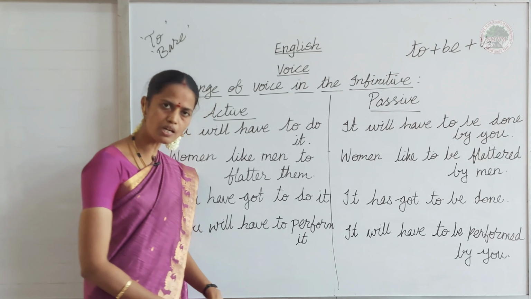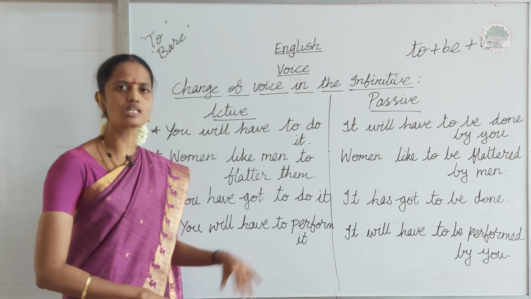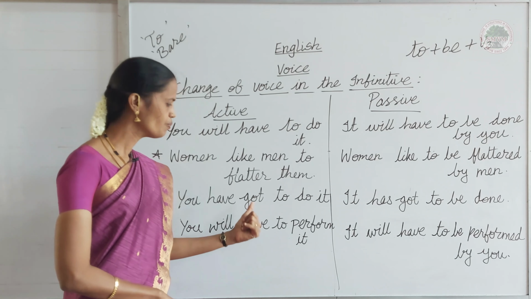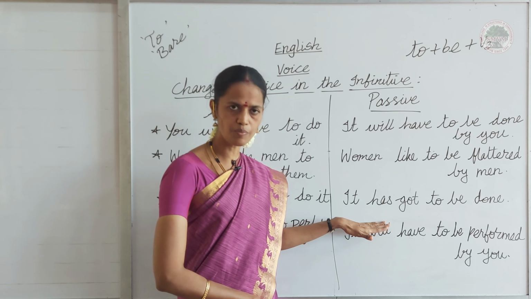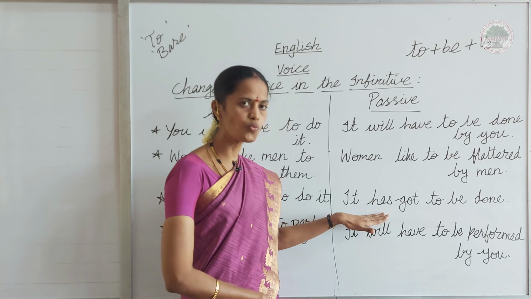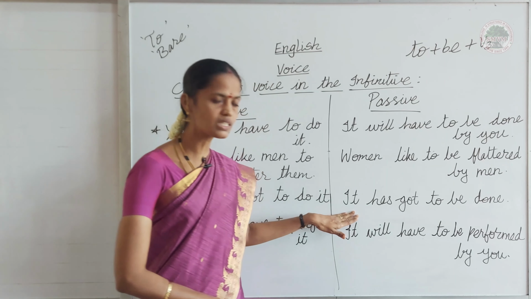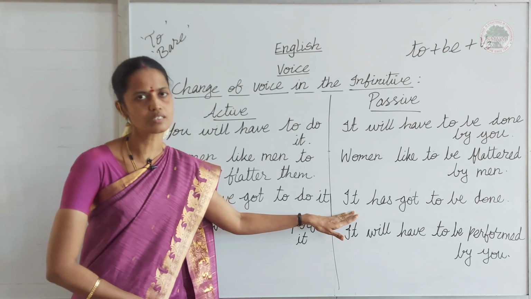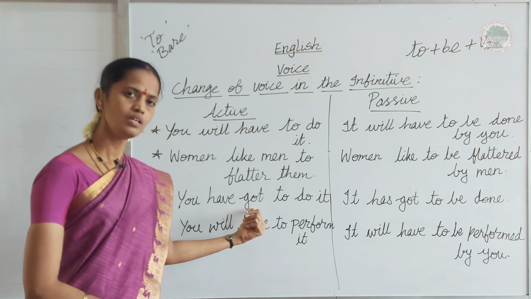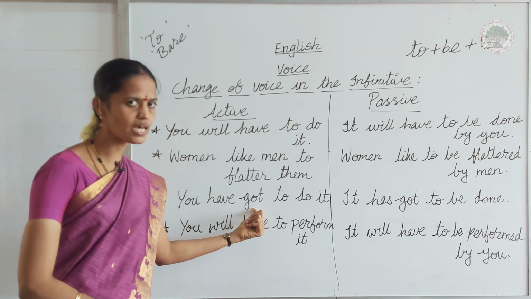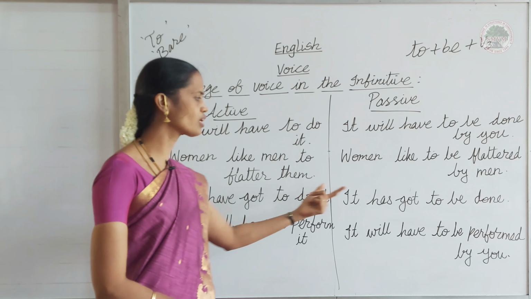Okay, but as per our rule, we told that we should not make any changes in the main verb. But in this sentence, as per subject-verb agreement, we have changed the main verb into "has" because the subject is given in third person singular. Then "got" as it is we have used. In active voice also it is given as "got." That's why we have used that.